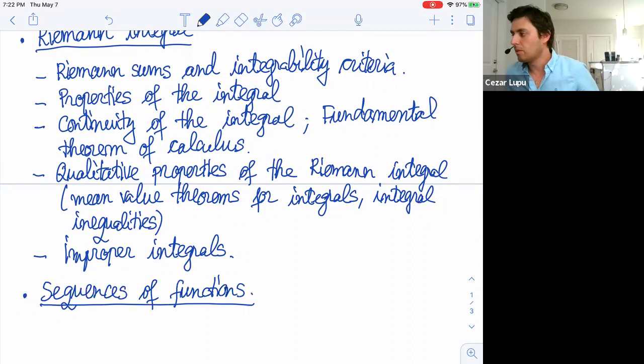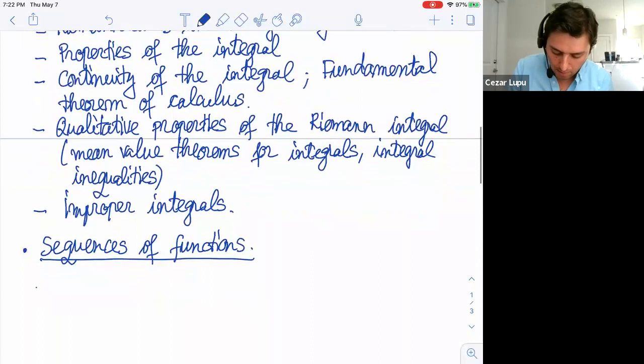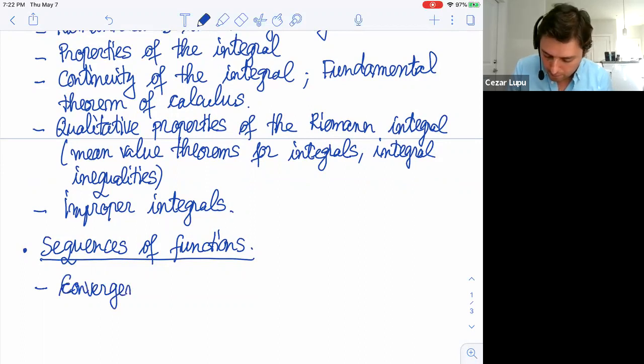And here we've talked about many things. For example, we've talked about convergence. And when we talked about convergence, we're interested in pointwise and uniform convergence.